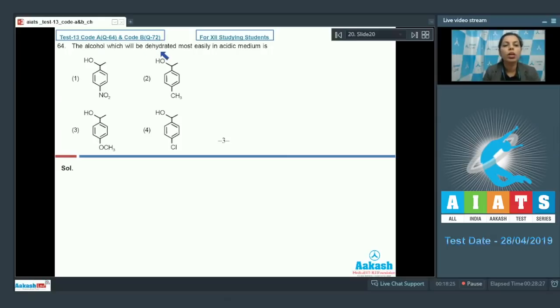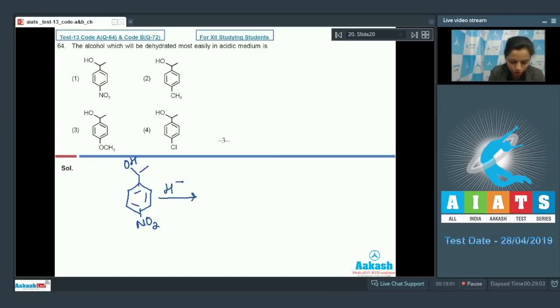Question number 64. The alcohol which will be dehydrated most easily in acidic medium is. We have different alcohols given here. We should always know that dehydration of alcohol always follows the path in which carbonium ion is formed. It means SN1 pathway it is following, and there is the formation of carbocation. How it is formed, let's check. Suppose I'm talking about the first species, this one. Here is NO2.